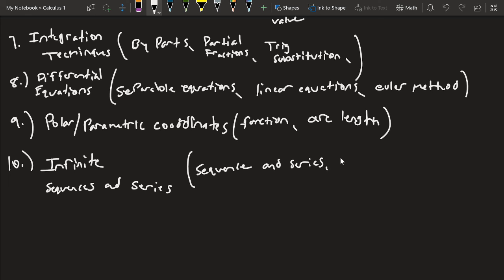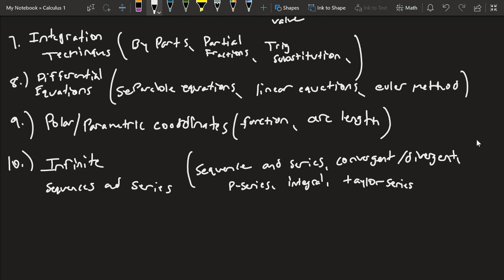We'll talk about what it means to be convergent and divergent. And we'll also talk about all the various tests that we can use to test for convergence or divergence. In the case of series, we have the p-series test, we have the integral test, and other common things. And at the end we'll talk about Taylor series, ultimately capping off the end of this 10-section course.